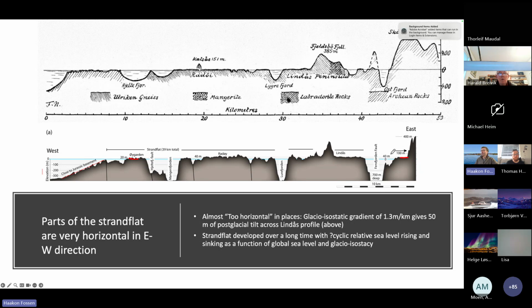It's surprisingly horizontal actually in some places, because this surface must have been formed repeatedly during this history of ice ages, right? So you had the right climate and the ice came and covered everything, and you got the right climate again. So then it started over again. But it managed to end up with a fairly horizontal surface in many cases. Of course, broken up by faults and some fjords and things, but that's natural.